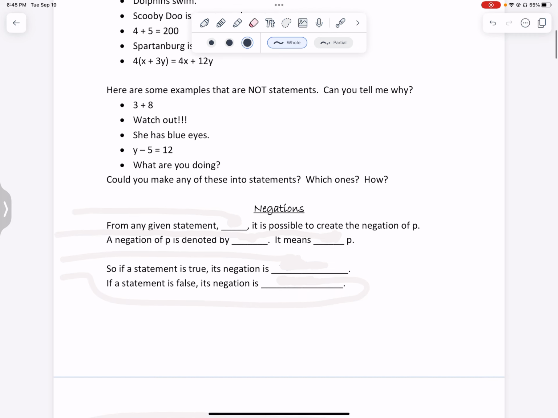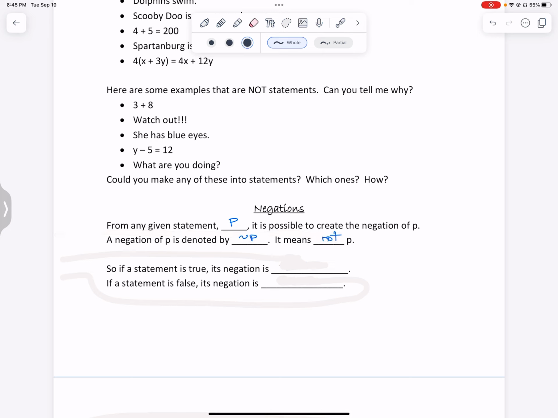Okay, so now let's talk about negations. When you have a statement, we're going to let the statement be P. Because math people, we have to make everything a letter. Most people in logic use P's and Q's. We don't use an S for statement. So P. It's possible to create the negation of P, something that is the opposite.